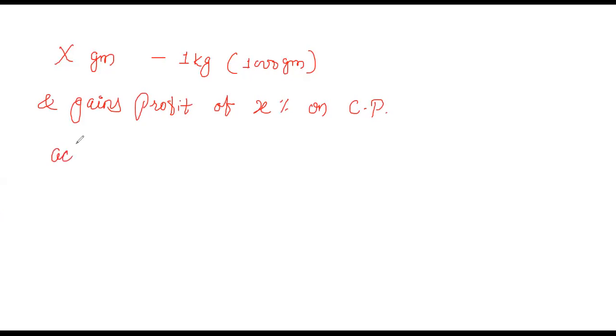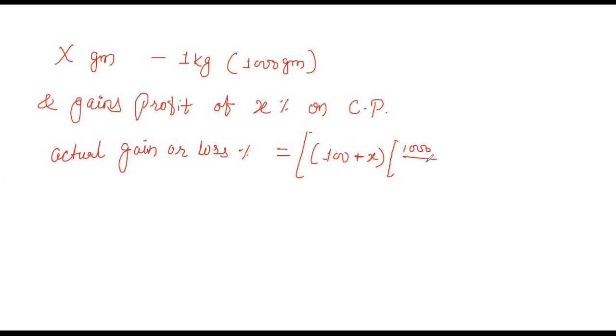So the actual gain or loss percent can be calculated with the formula (100 plus x) into (1000 divided by x) minus 100.